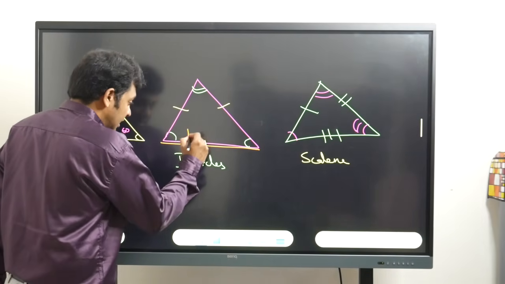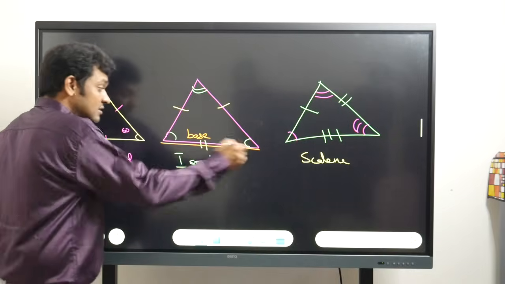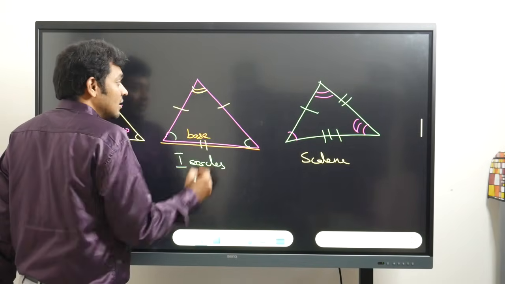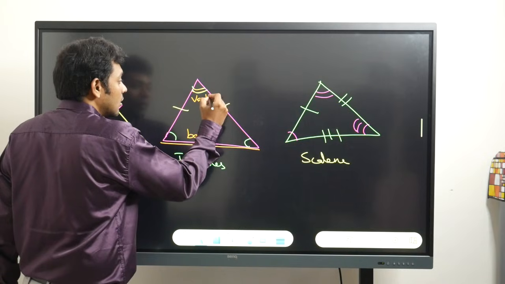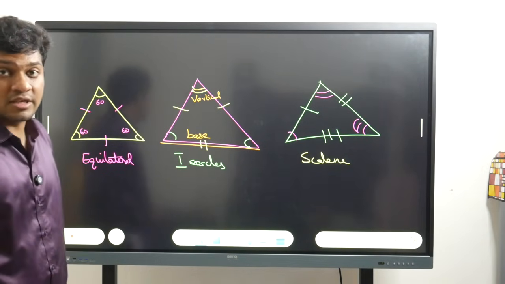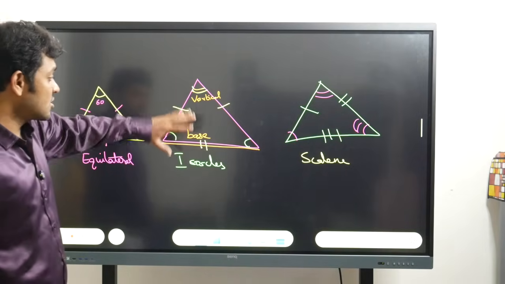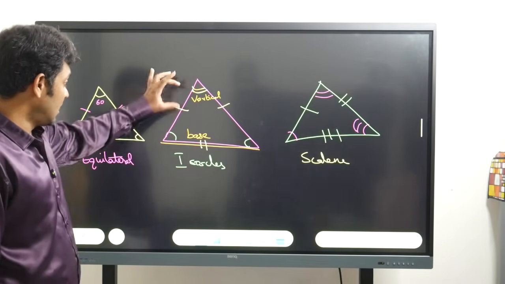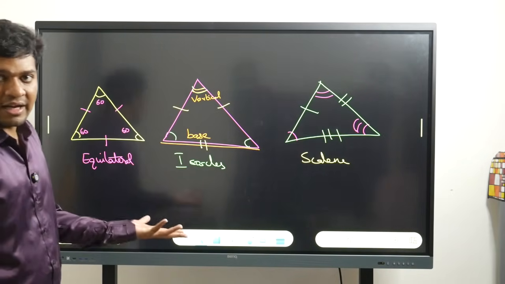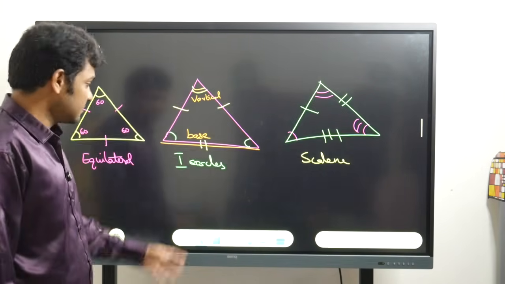Please remember, in an isosceles triangle, this unequal side is called the base, and this unequal angle is called the vertical angle. This name applies only for an isosceles triangle. In other triangles, I can have any side as a base.